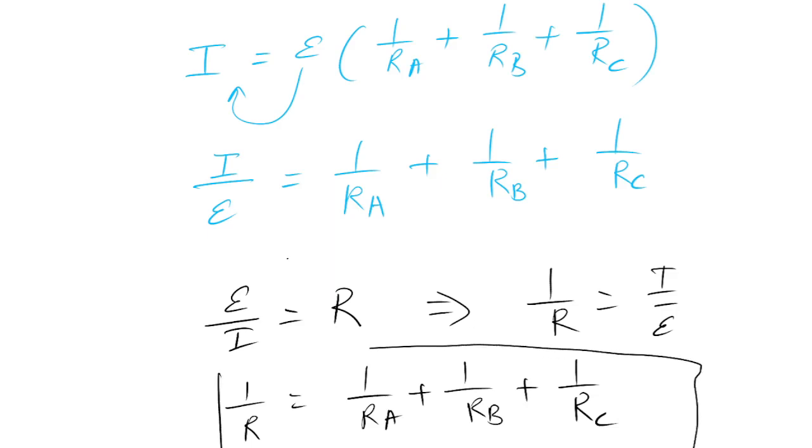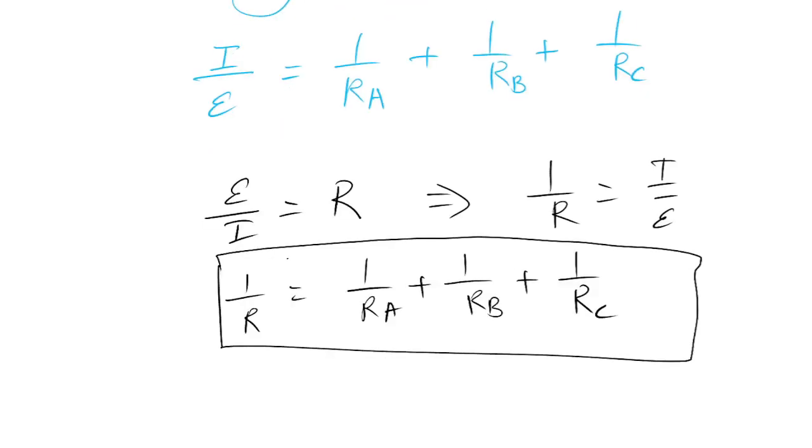So this is the formula for the parallel combination of resistors. What we got here is 1 by R is equal to 1 by RA plus 1 by RB plus 1 by RC.